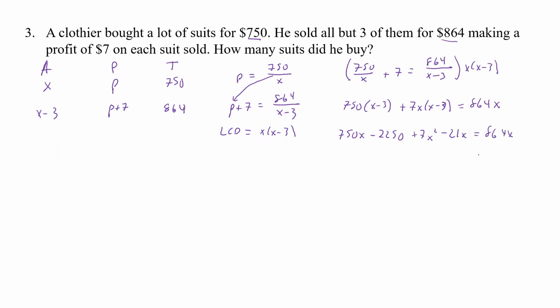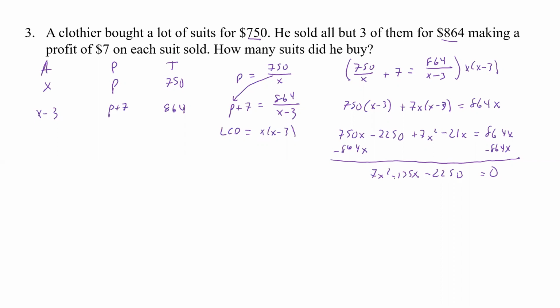Now both sides are not equal, so we actually have to take and subtract 864X from both sides. Now when we do that, we get 0 over here. On the left, we get 7x squared, and then we get minus 135x, and then we get our minus 2250.